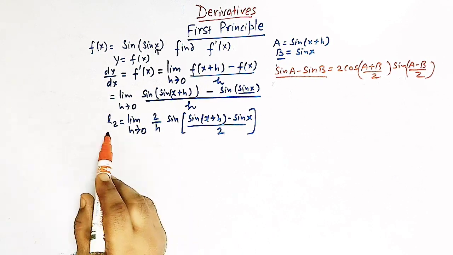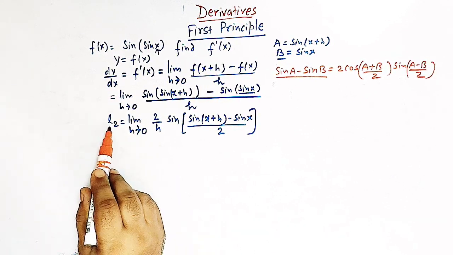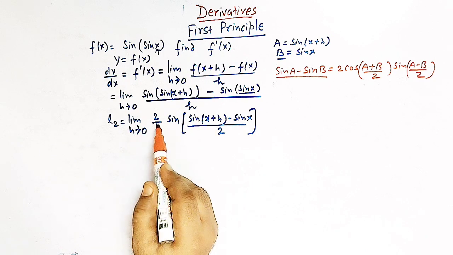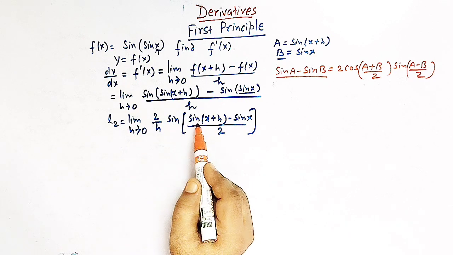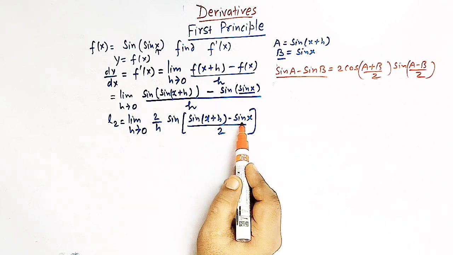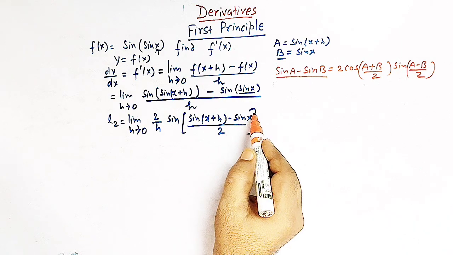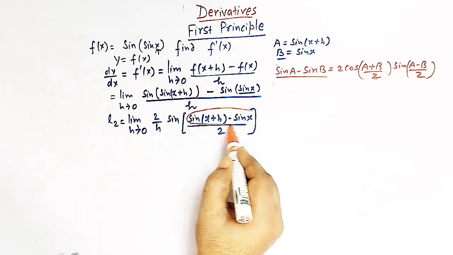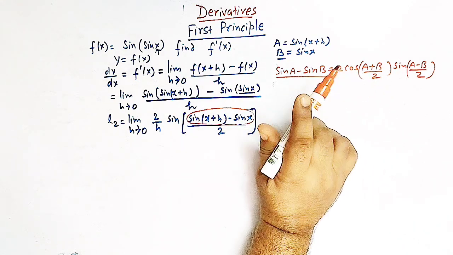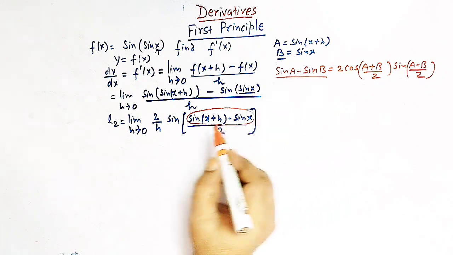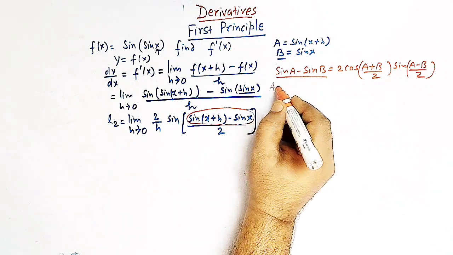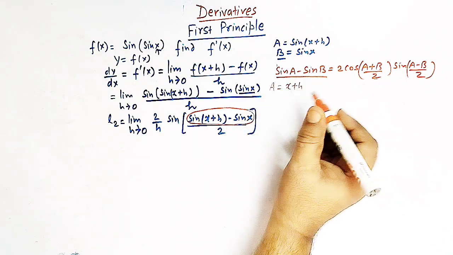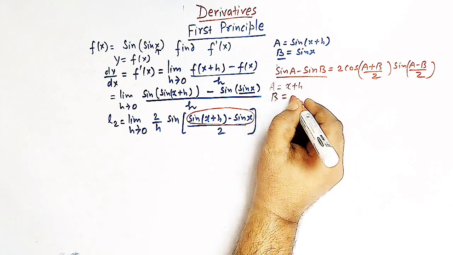So now let us find out the value of the limit L2. So we have limit h tends to 0, 2 over h sine of x plus h minus sine x over 2. Now to simplify this term, we'll again make use of this identity, taking A as x plus h and B as x.